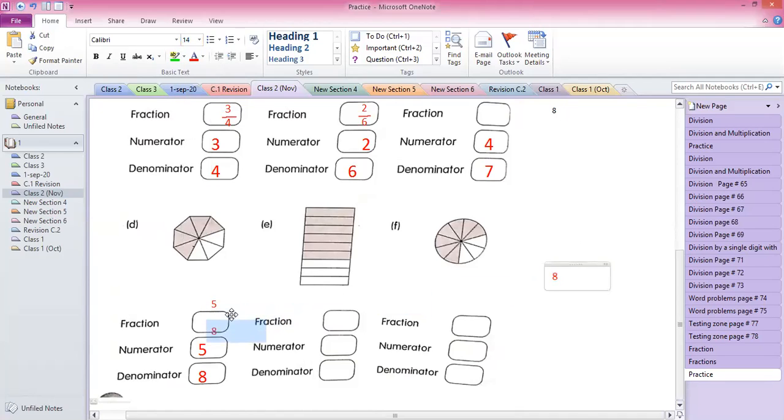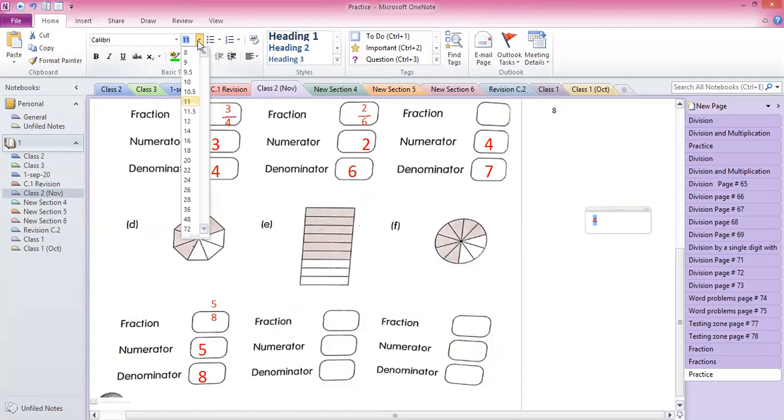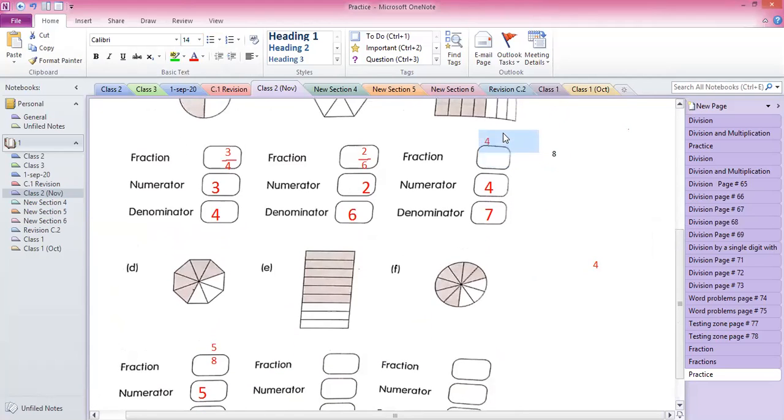That is 8. We also did not write the fraction here, that is 4 by 7. So this is 4, we write up. 4 by 7.